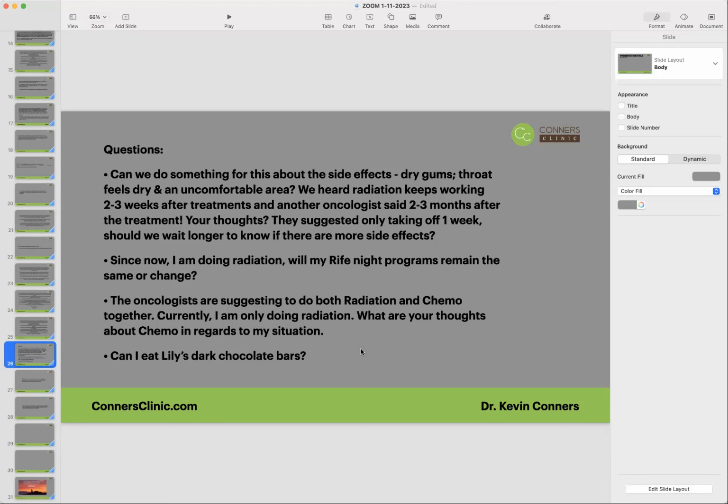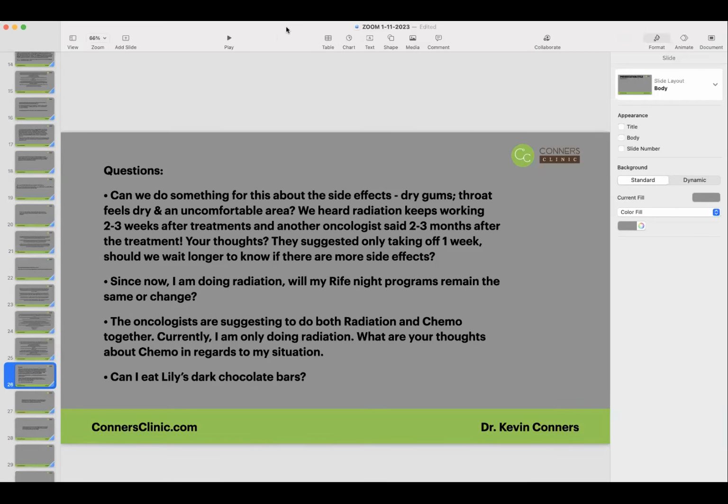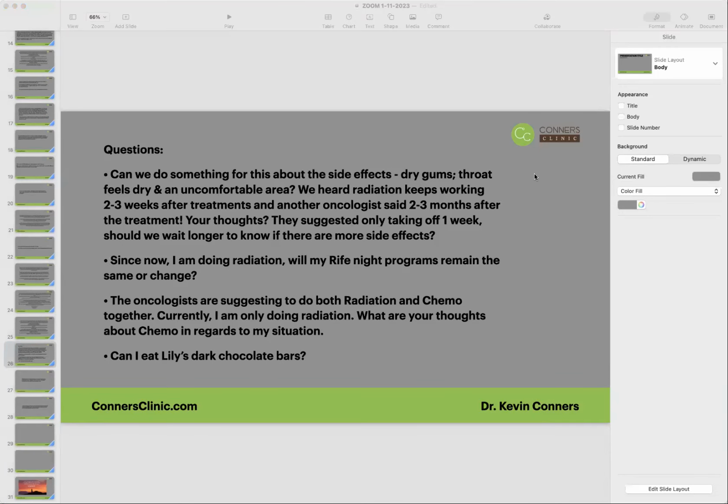There is a product that would possibly help with this. Let me pull it up really quick here. That is by Biotics Research. It's called Cytozyme-Parotid.